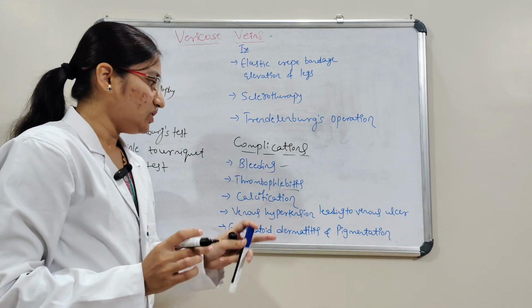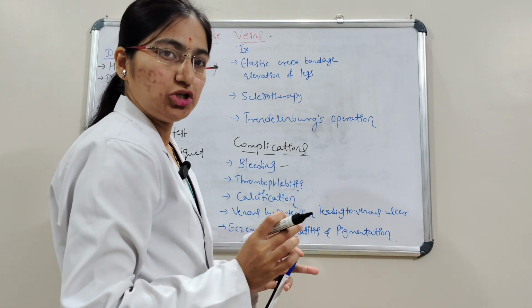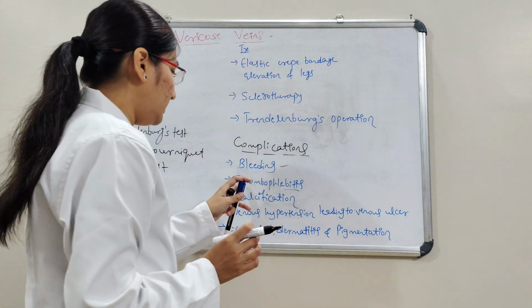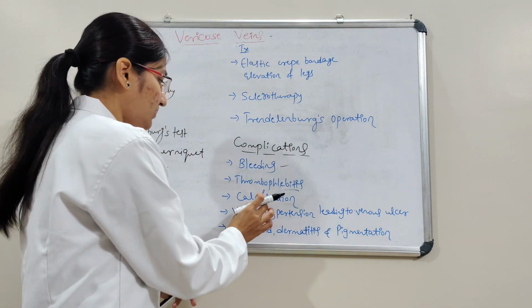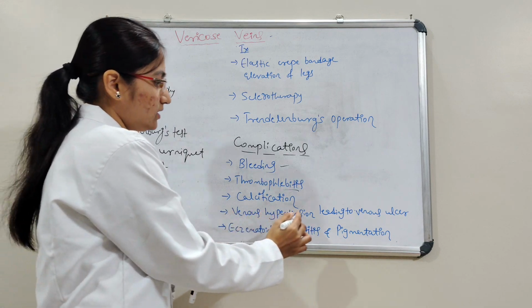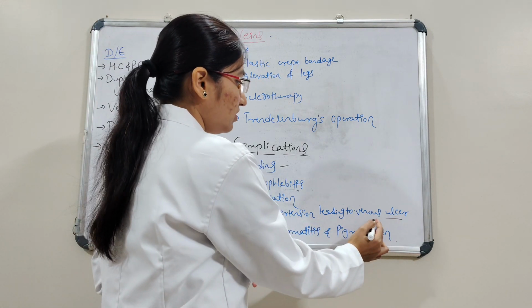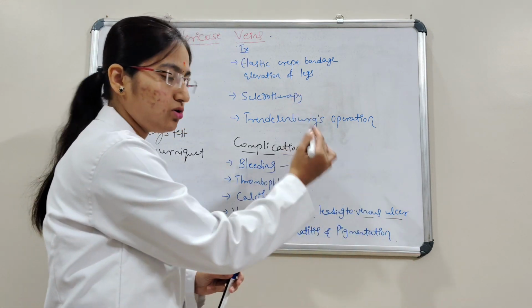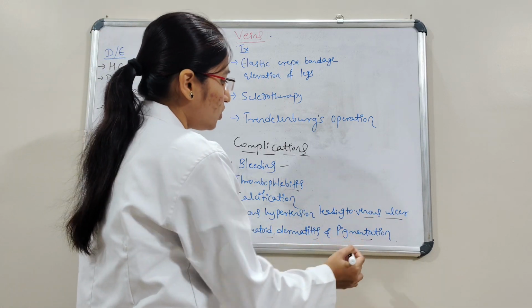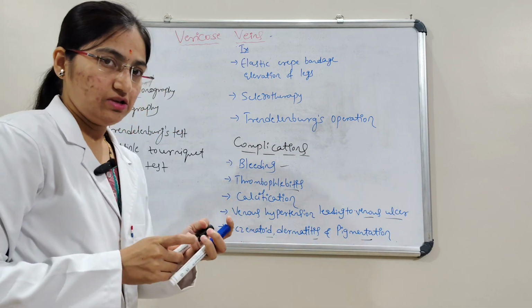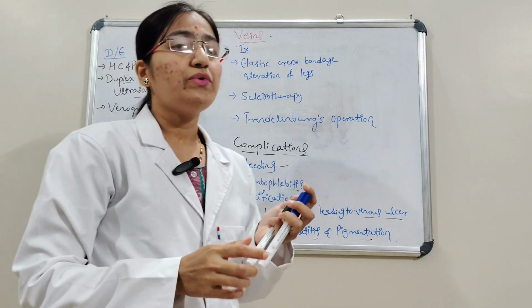It's a process in which calcium is built up in the body tissue, making the tissue harden. That is calcification. And venous hypertension leading to venous ulcer. This is also a complication of varicose veins. That is venous ulcer. And then eczematic dermatitis, and also pigmentation. This is all about varicose veins.